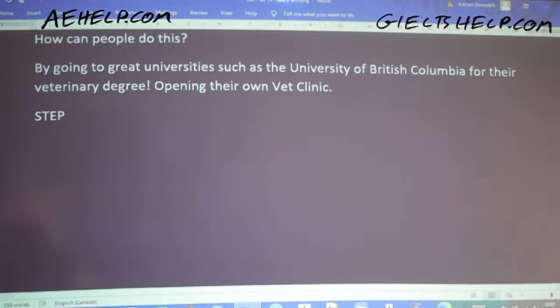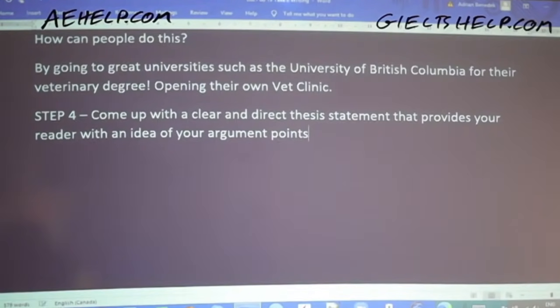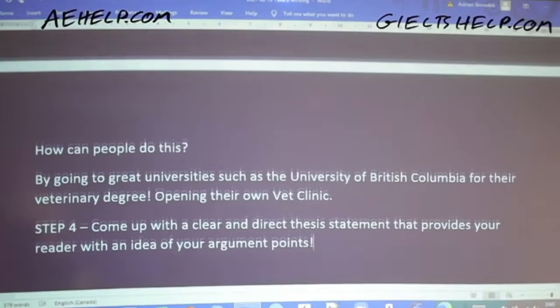So step 4, come up with a clear and direct thesis statement that provides your reader with an idea of your argument points. Okay, it's very important. This is discussed in the essay.